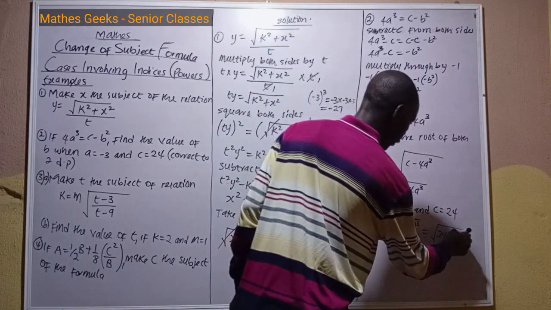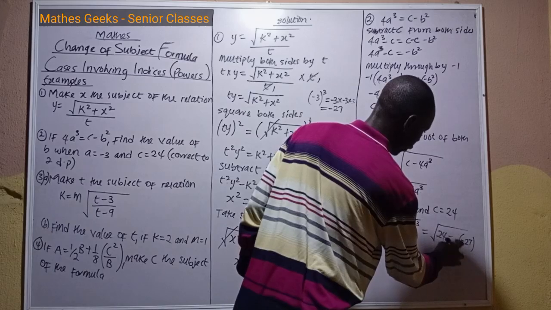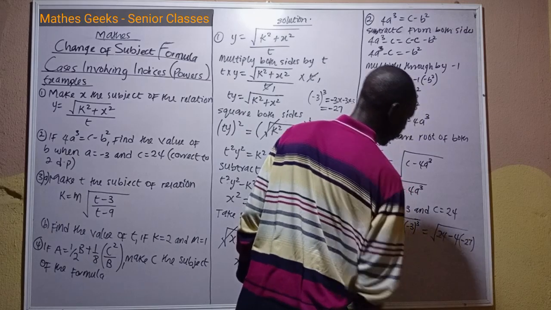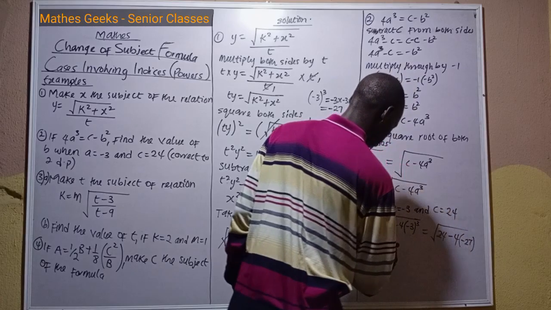So the answer is minus 27, and we have 4 times minus 27.